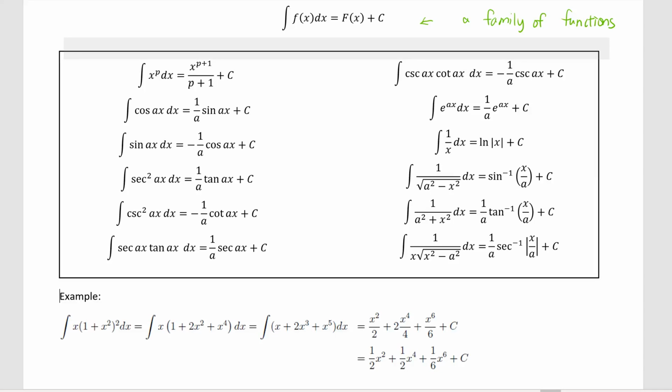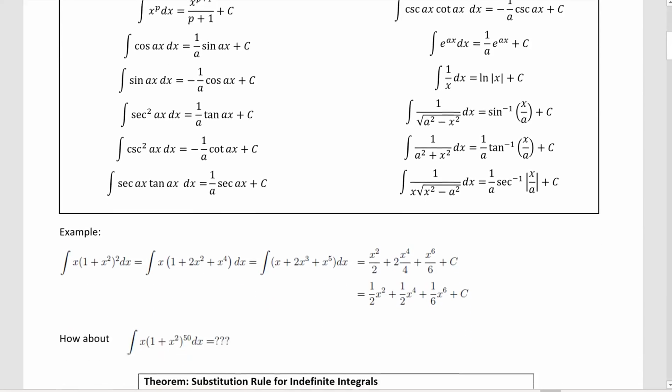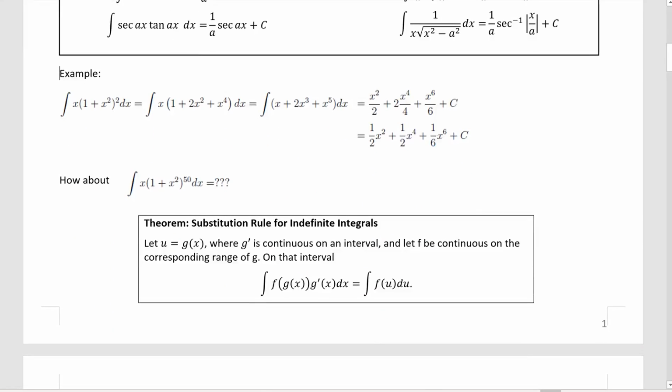So here are all the antiderivative formulas that we learned. Here is an example. Remember for integrals, we don't have a product rule or a quotient rule. So if we have something like this, what do we do? We can only apply the power rule, so let's distribute everything and multiply it out. (1 plus x squared) squared is 1 plus 2x squared plus x to the 4th.